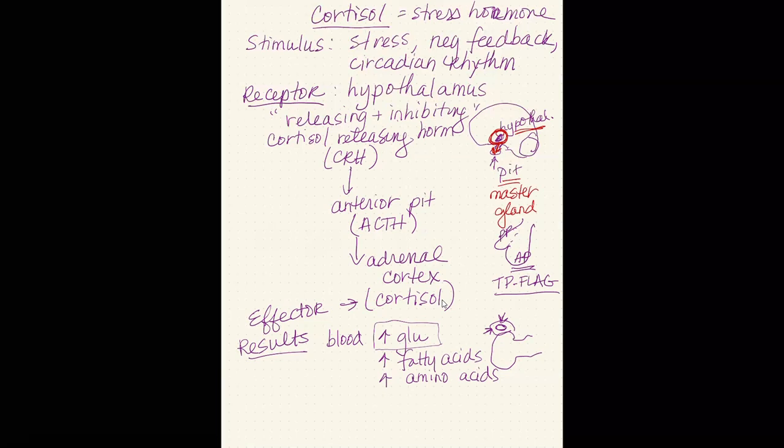So cortisol is a good thing in limited levels, but if you have too much cortisol, you can have negative side effects, right? So too much cortisol is not necessarily a good thing, but we do know it suppresses the immune system.